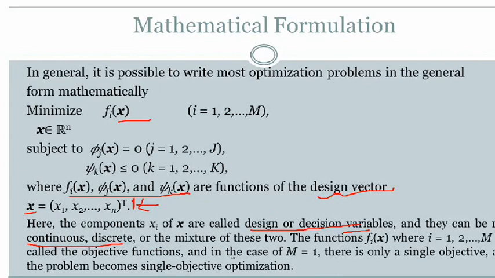The functions f_i(x) where i equals 1 to m are called the objective functions, and in case of m equals 1, that is if it is like f1(x), it is called a single objective optimization problem, and if there is more than one value of i, then it is called a multi-objective optimization problem.